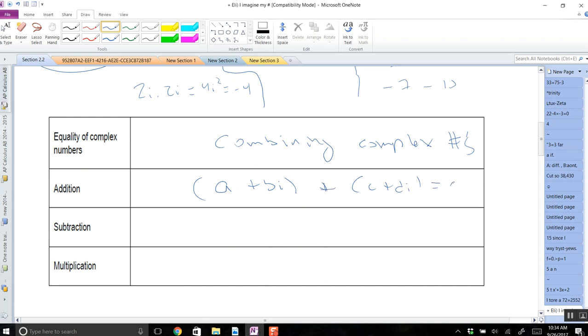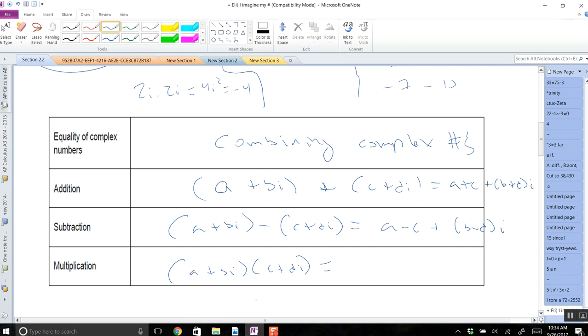That would just be a plus c as your real part and b plus d i as the imaginary part. So basically it's like combining like terms. Or say if a plus bi minus c plus di, it'd be a minus c as your real part plus b minus d i, your imaginary part. Then let's say a plus bi times c plus di.